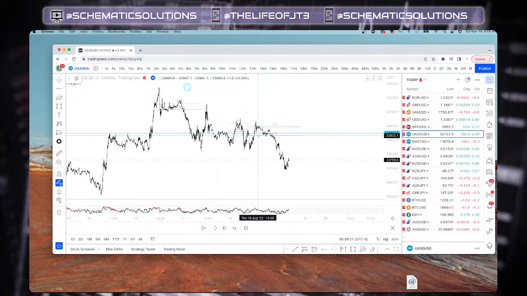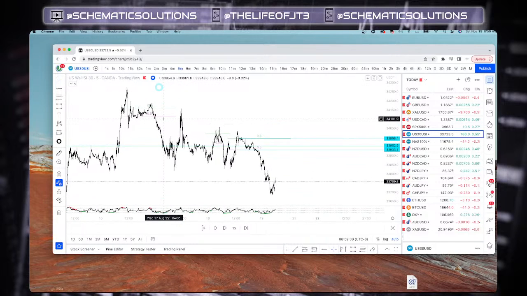So now something that we're definitely going to want to keep an eye on is potentially this 50% and potentially this 80%. Now, let's say we're looking to place some type of extreme limit.